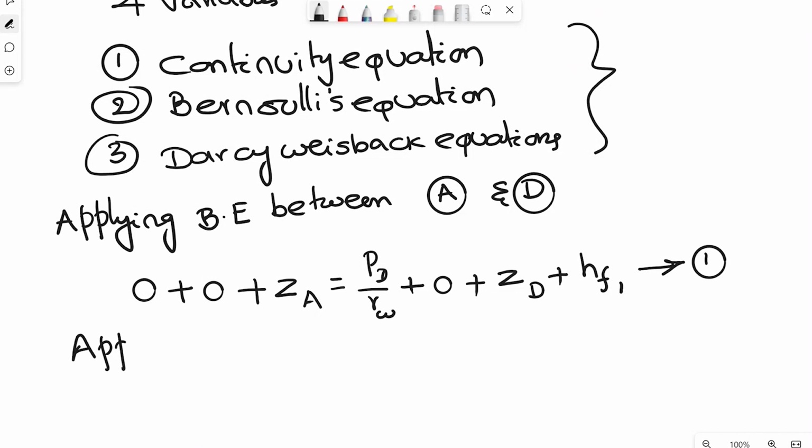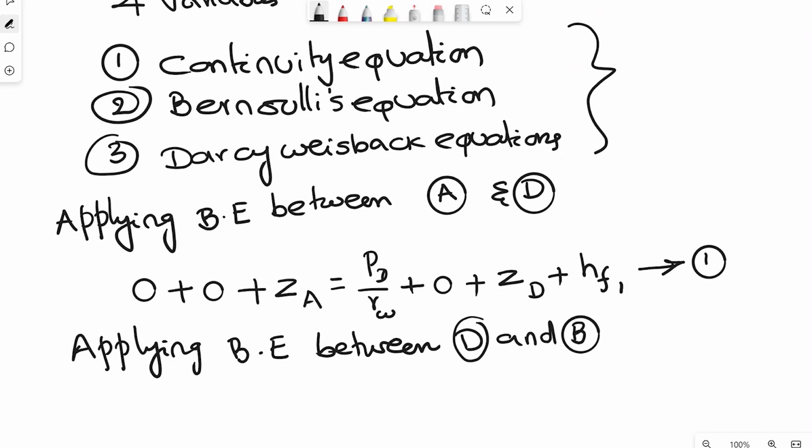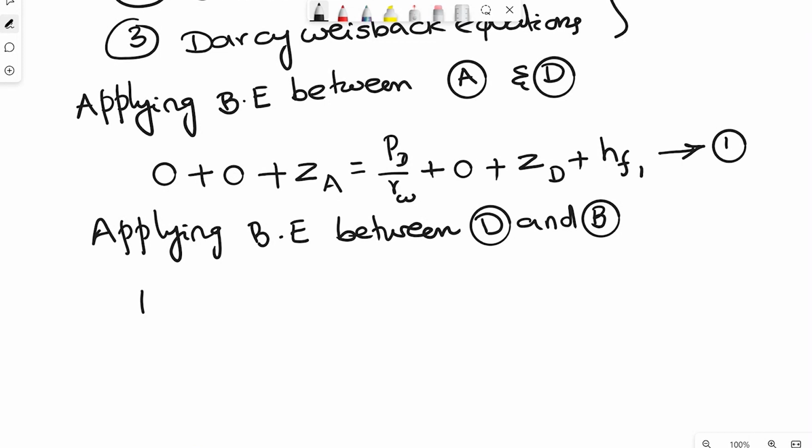Applying Bernoulli's equation between D and B, if I apply at D, which I have already drawn here, PD by gamma W plus 0 plus ZD is equal to, at D I have applied.